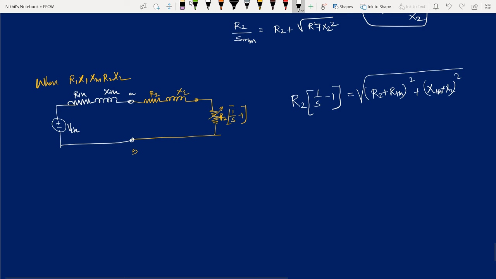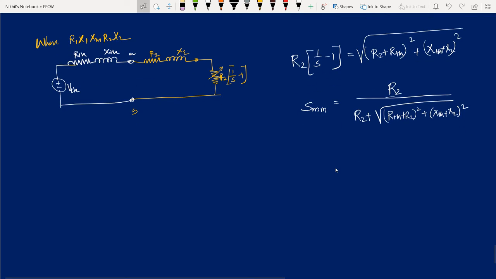Simplifying this, the slip at maximum mechanical power developed equals R2 by (R2 plus the square root of (RTH plus R2) whole square plus (XTH plus X2) whole square). Did you get the point?